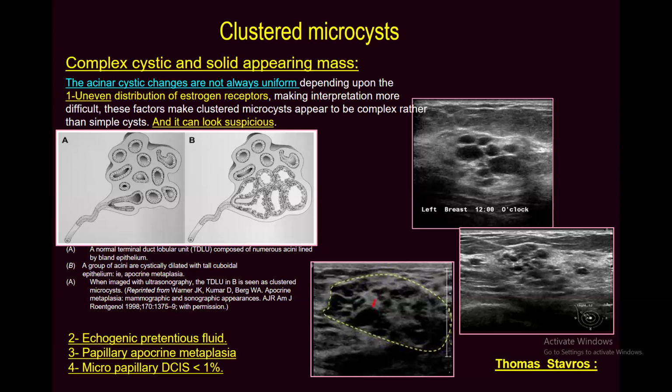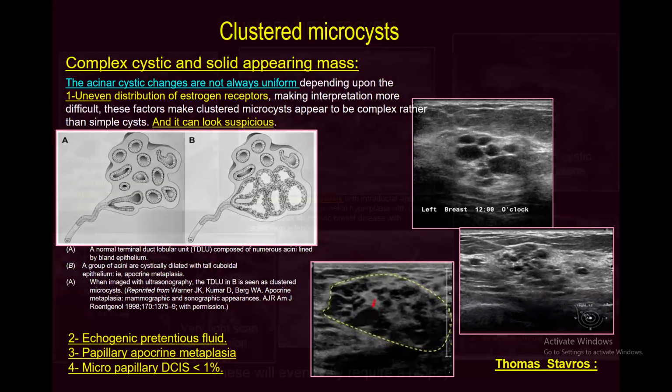And if there is intracystic apocrine metaplasia, it will appear hypoechoic or echogenic rather than anechoic, and we have suspicious findings. Or a malignant lesion can present like this, which is a micropapillary DCIS, but usually in less than 1%.